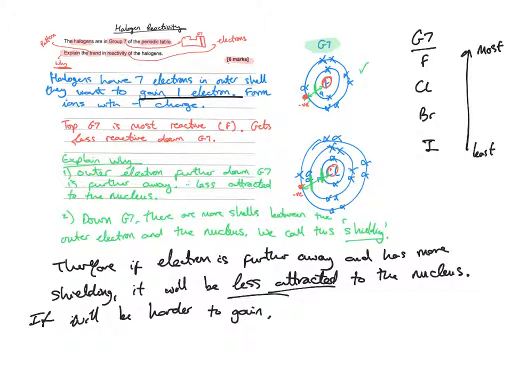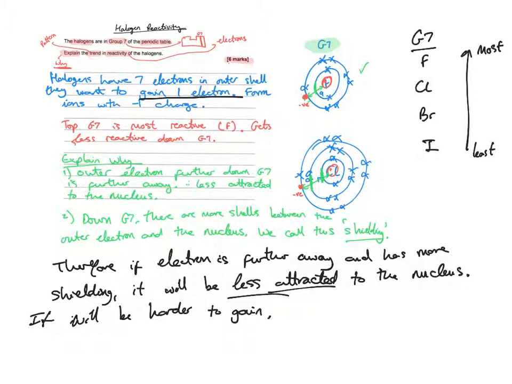And I need to explain that. So halogens have 7 electrons in their outer shell. Good. They want to gain 1. Electrons are negative. Therefore, they'll form an ion with a -1 charge. So I've stated the trend. Group 7 is the most reactive, and it gets less reactive down.